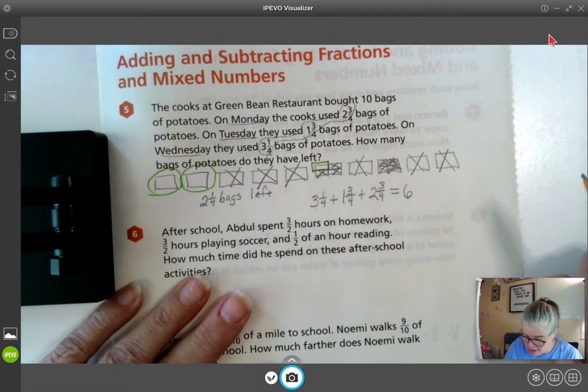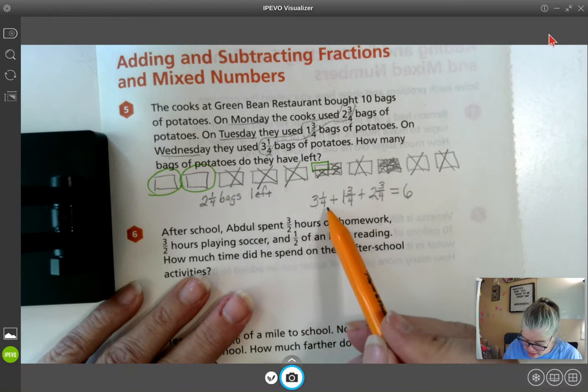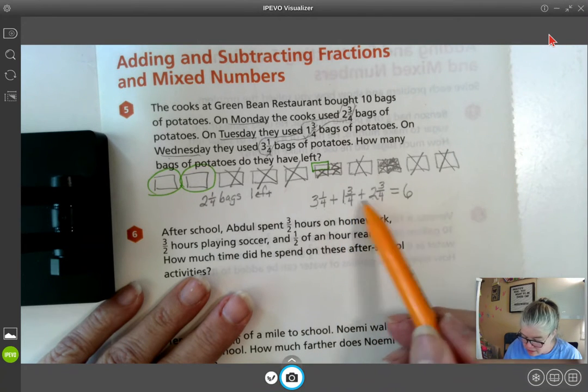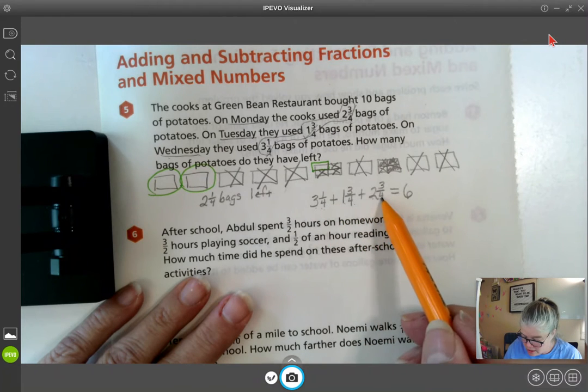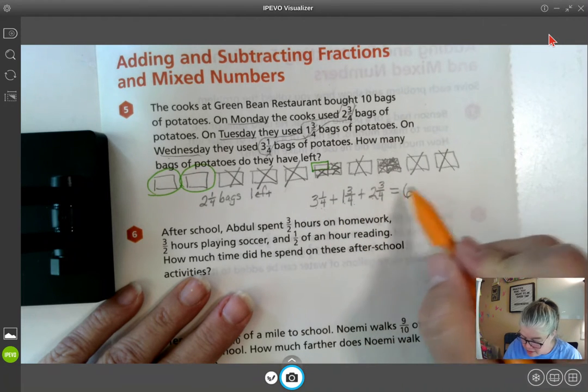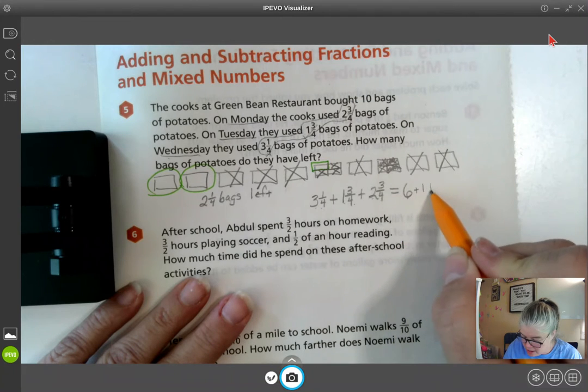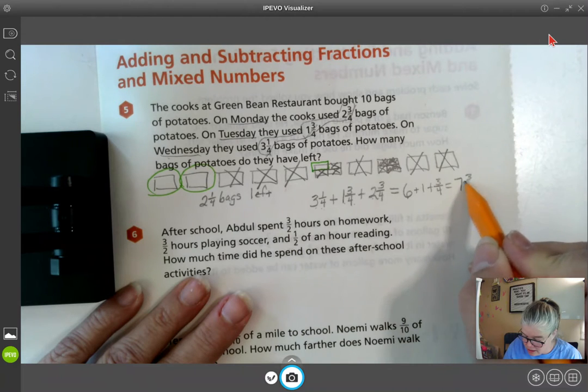So my whole number part is 6. And then 1/4 plus 3/4 is 4/4. Oh, so that's a whole. Plus another 3/4. So 6 plus 1 plus 3/4 equals 7 3/4.